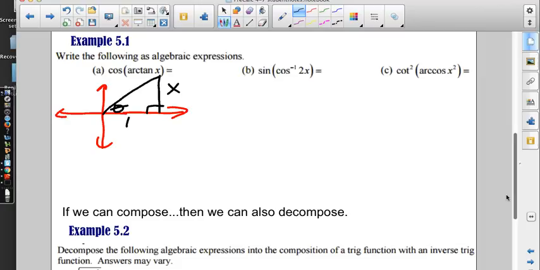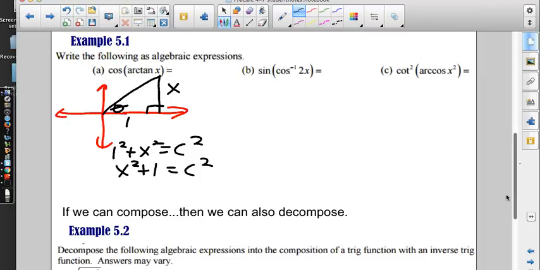And the next thing they want me to do is figure out cosine. Well, if I need cosine, I need to know what this is. So we use the Pythagorean theorem and we say, all right, 1 squared plus x squared has to equal, I'll just use c squared so it looks like the Pythagorean theorem. And that's going to be x squared plus 1 or 1 plus x squared. The book actually writes it both ways, which is kind of weird.